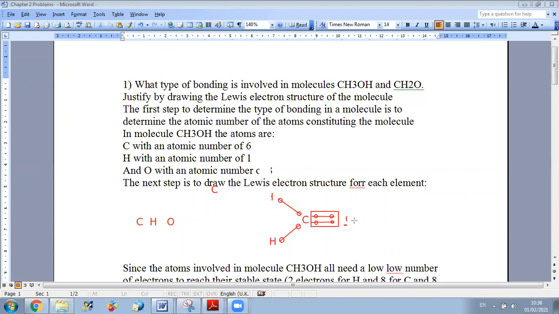Any other questions? Yes, how do we know whether it's covalent, ionic, or metallic? I know that you said that for a covalent bond, we need the atoms to have a high number of electrons. But what is considered for metallic bonding? It should have a low number of electrons. For ionic bonding, one atom should have a low number of electrons on its outer orbit, and the other atom should have a high number of electrons on its outer orbit.